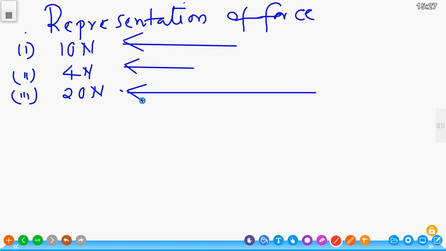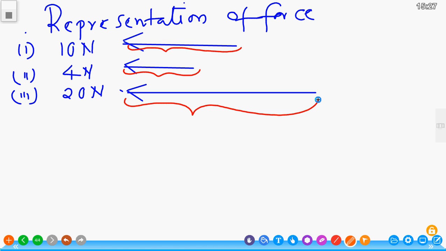So, those three lines have been used to represent those three forces. What's the difference in the three lines? Now you realize that the first line has a certain length compared to the second line and the third line. The difference in length simply represents the size or the magnitude of the three forces.